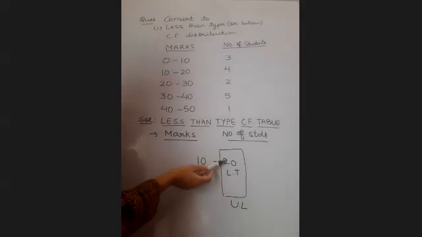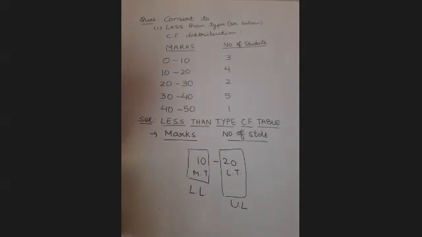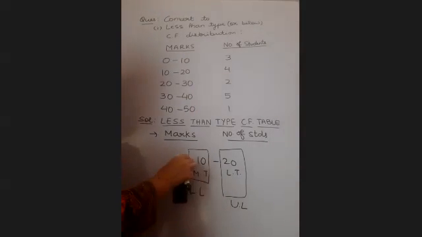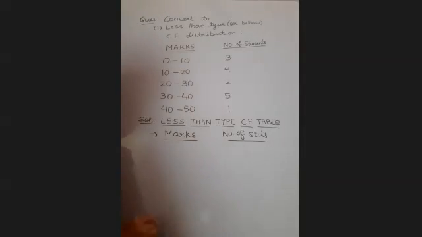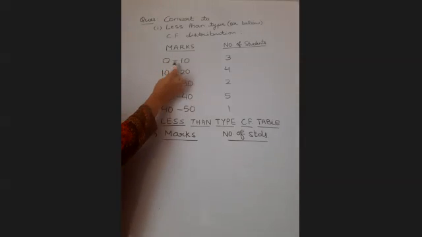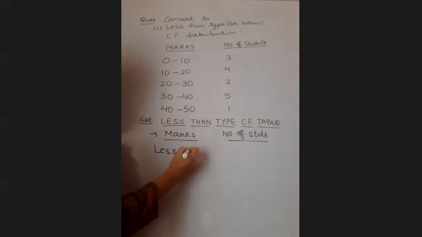Upper है ना? Less than 20, 20 से कम, तो upper limit पे less than word use कर रहे हैं. And when I'm saying more than 10, which limit is 10 actually? Lower limit. So 0 to 10, what does it mean? Common sense use करो. 0 to 10 का मतलब 0 से कम या 10 से कम? 10 से कम. One as less than 10.